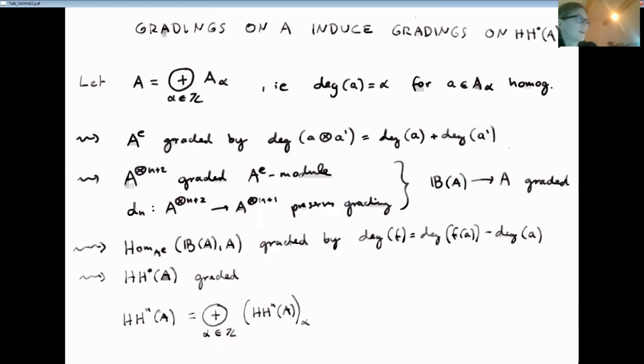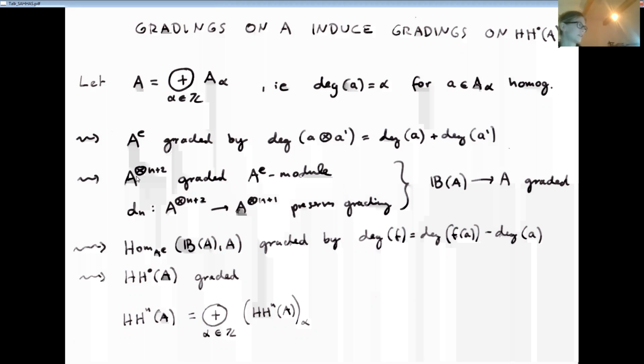So first of all, let me remark that if A is graded, we get another nice feature. That is, we get an induced grading on Hochschild cohomology. And this is because if we go through the definitions of the bar complex with all the tensor products involved, we first note that the algebra A tensor A op is inheriting a grading by just adding the degrees of two tensor factors in a monomial expression.